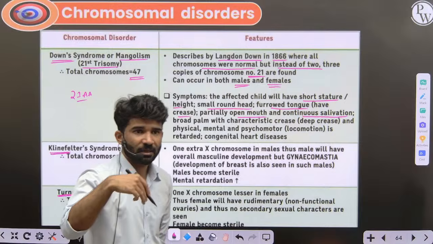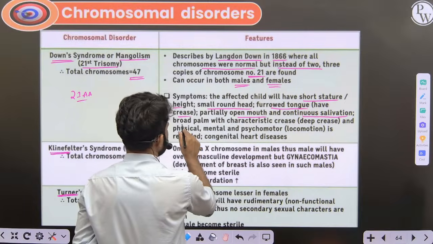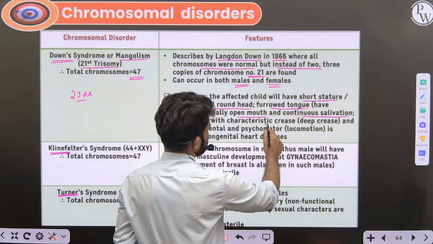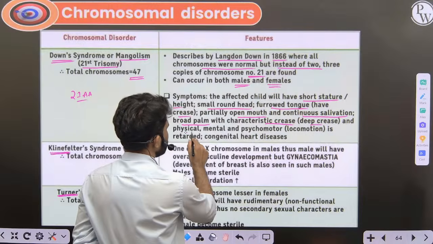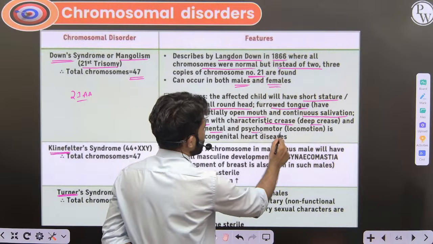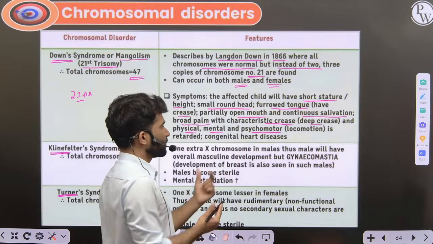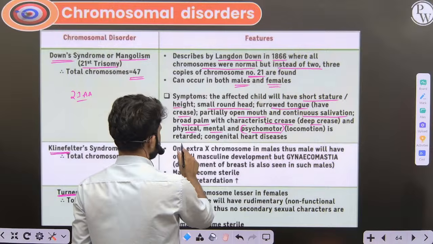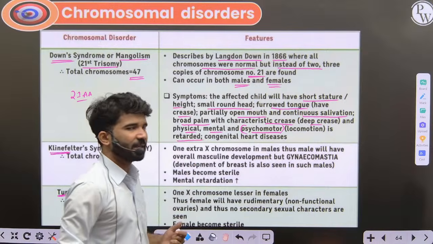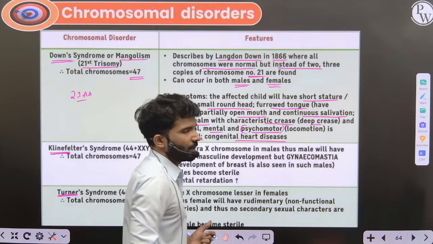It has a broad palm with characteristic deep creases inside the palm. Again, physical and mental psychomotor development is affected, which affects locomotion of the affected person, and the person is mentally retarded. Again, it has congenital heart disease.